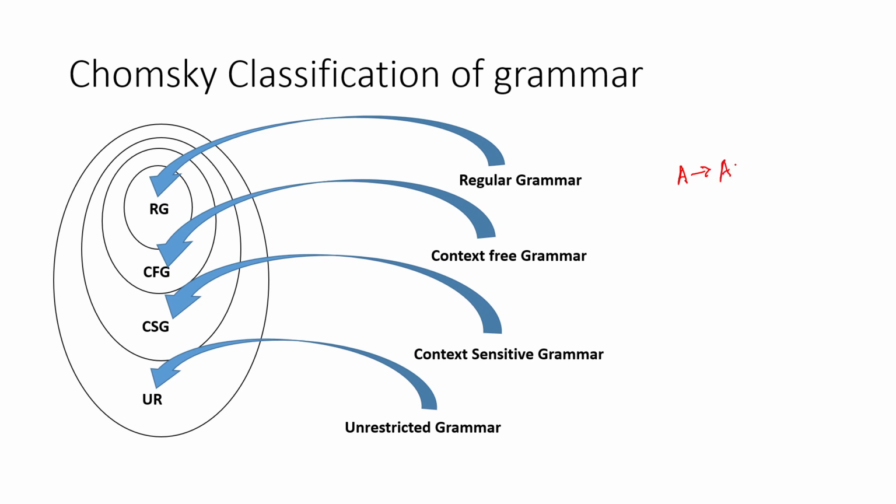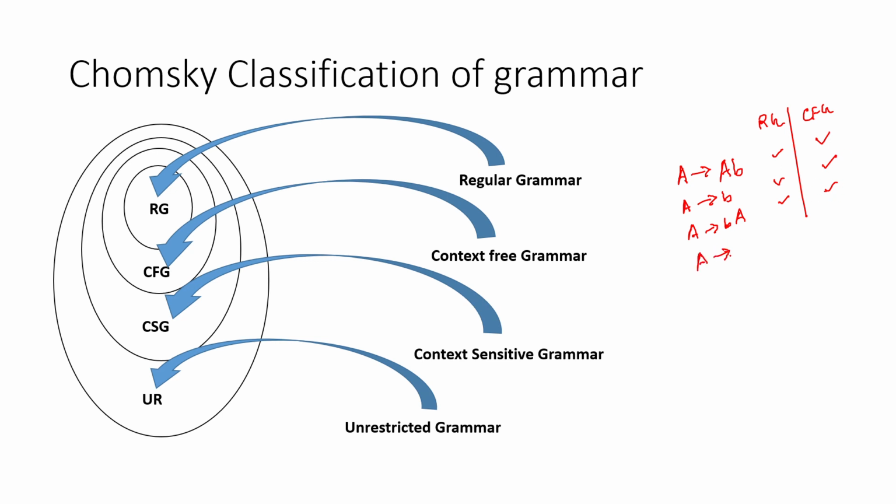For example, capital A to small a capital A, small b, this is the correct regular grammar, and this is context free grammar. Capital A to small b, this is correct for regular, and correct for context free also. Capital A to small b capital A, correct, because any combination in case of context free we have seen.